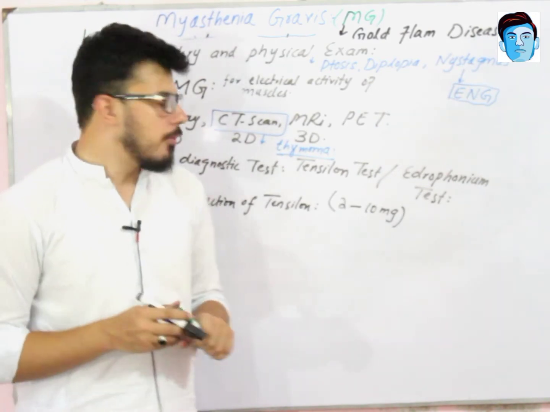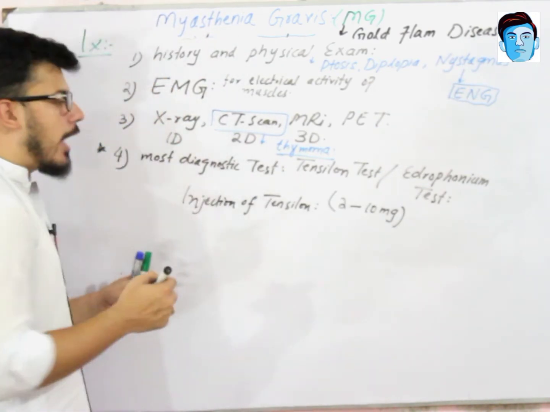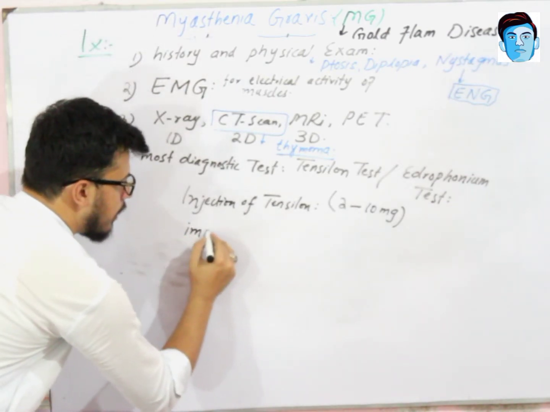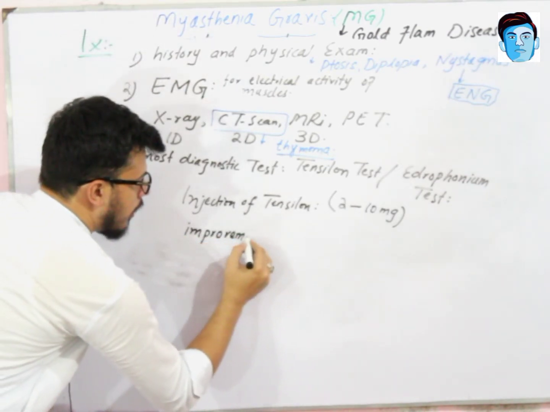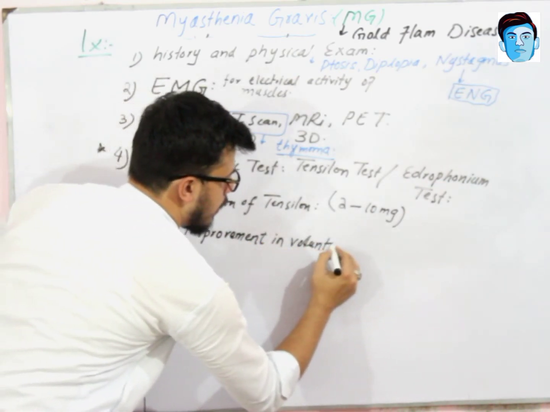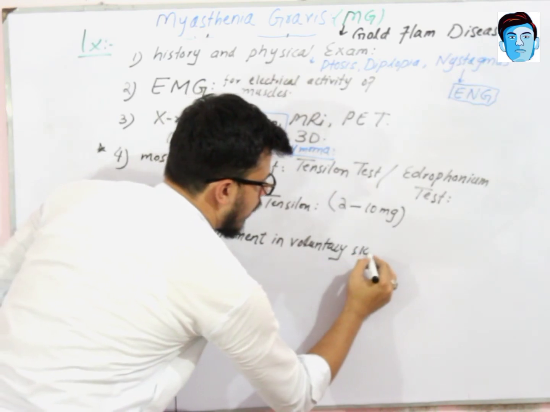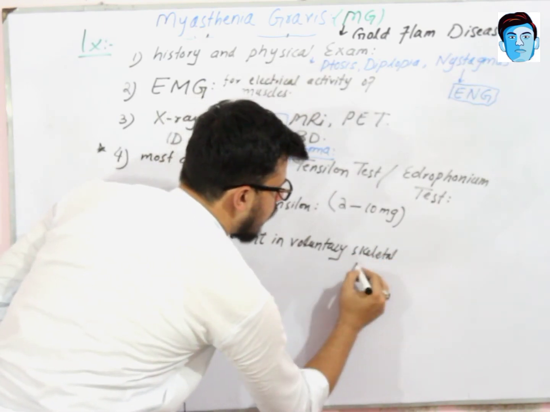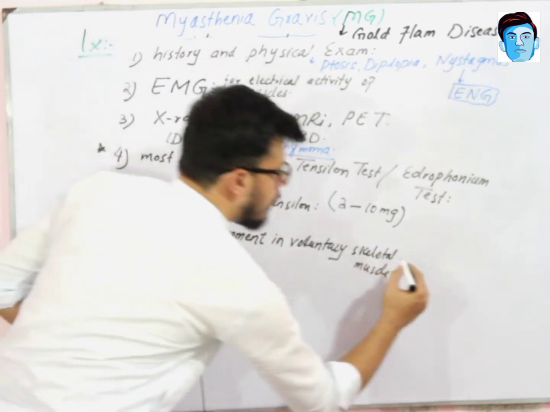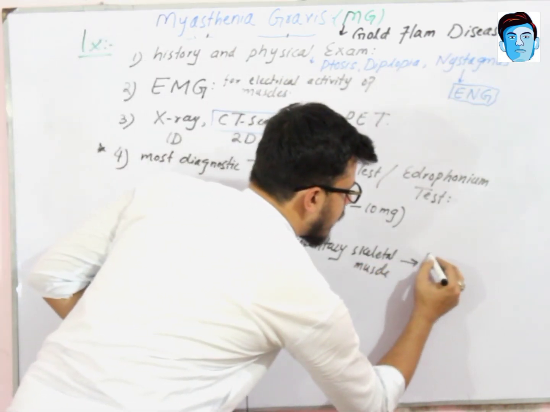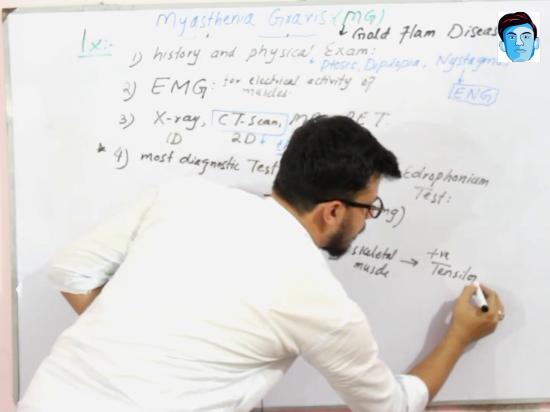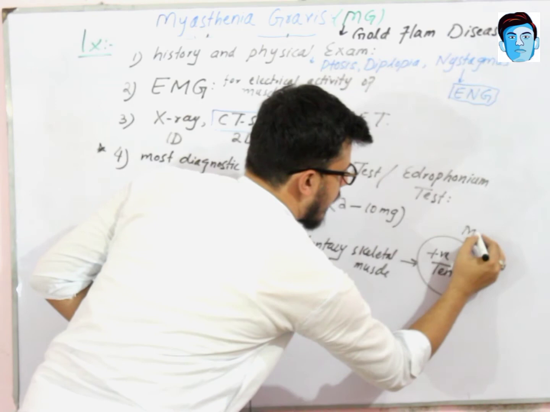So it is very important that if there is improvement in the voluntary skeletal muscles after the injection of Tensilon, it indicates a positive Tensilon test, and usually the patient has myasthenia gravis.